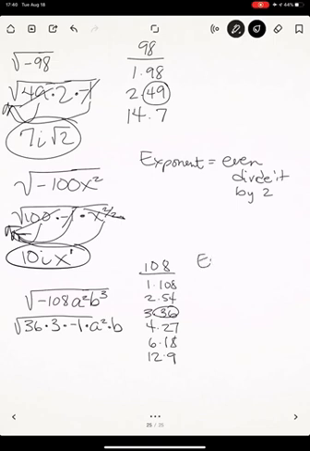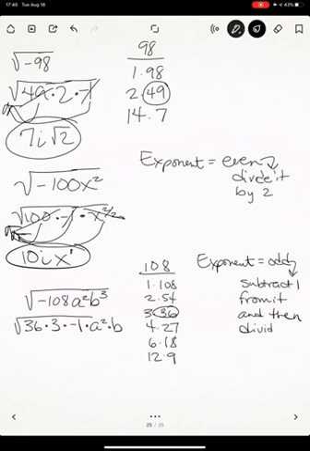So if your exponent is odd, you're going to subtract 1 from it, and then divide by 2. What I mean by that is, remember, 3 minus 1 is what? 2. But that 1 that we subtracted, we can't get rid of it. We have to just bring it out to the side, and we're going to have b to the 1.